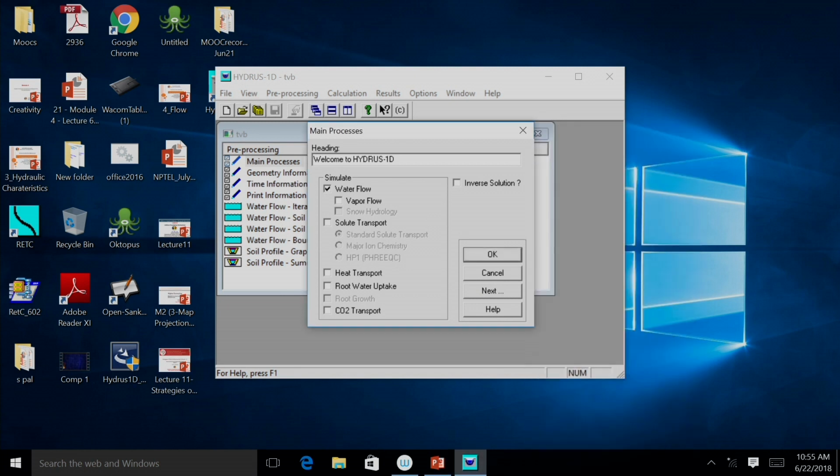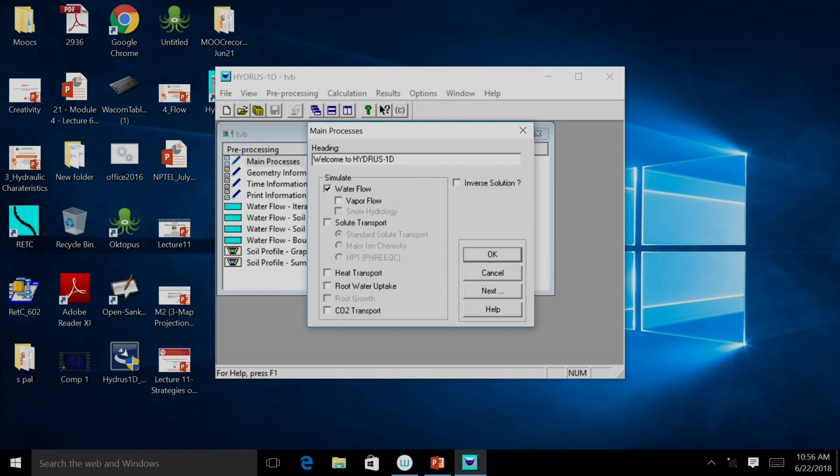In that, there is water flow, which is what we want to solve through unsaturated soil, and vapor flow, which we haven't discussed. You also have solute transport, heat transport, root water uptake and many other options.